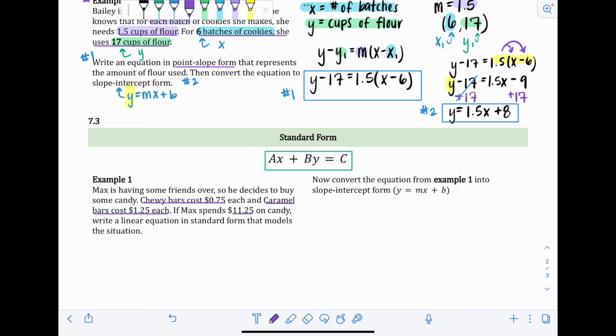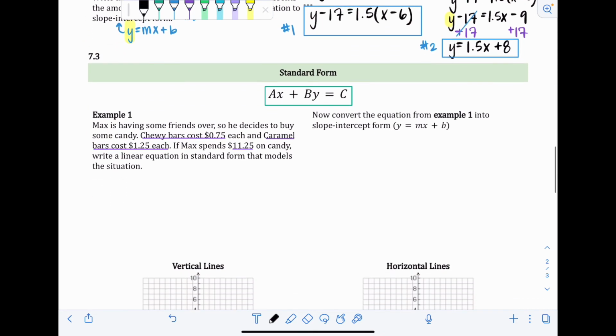X and Y are just both going to represent their own candy bar. So it doesn't matter which one we make which. I'm going to say x is the number of Chewy bars that he buys. And then y will represent the number of caramel bars.